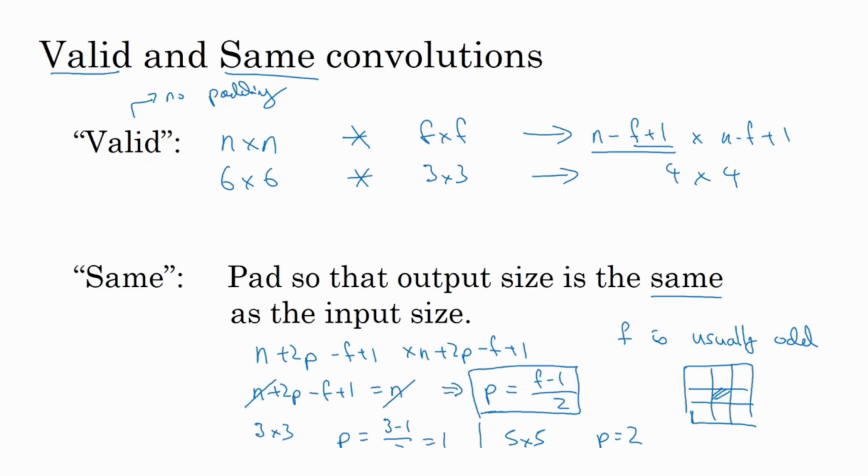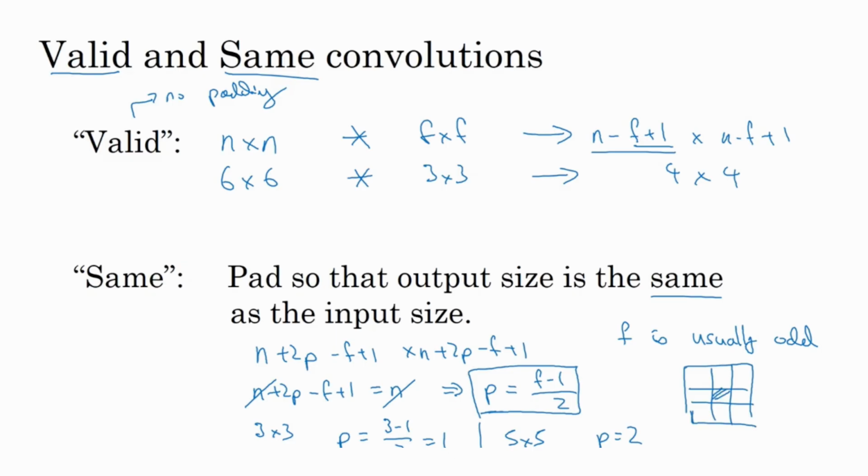And there is a formula to identify what padding we should apply to a particular input image to get the same output size. As you can see here, let's say we take the original formula n plus 2p minus f plus 1, which identifies the resulting output dimension, and we equate it to n, then it gets cancelled, and we get p equal to f minus 1 by 2.